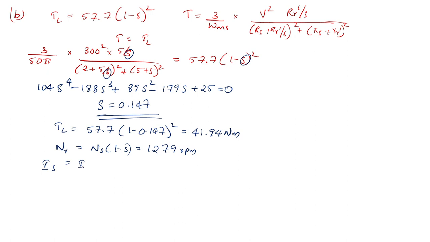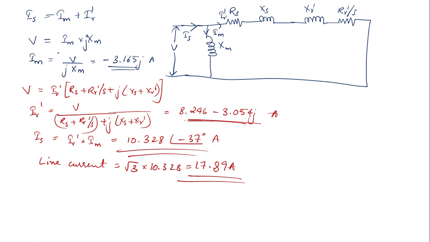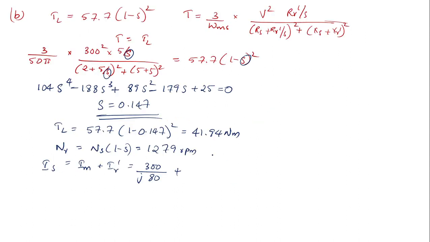IS is equal to, again, IM plus IR dash. So that will be 300 divided by j into 80 plus, I'm just using the equation as we did in the previous case, using this equation and this equation. So that will be 300 divided by (2 plus 5 by 0.147) plus j into (5 plus 5).